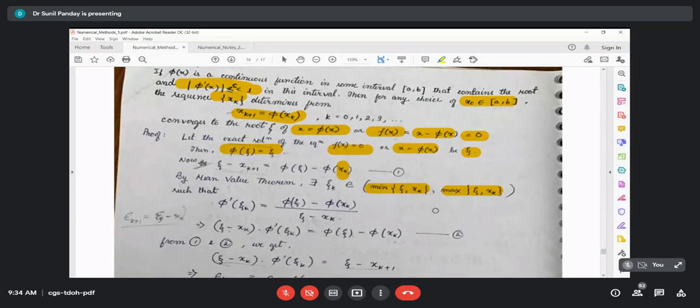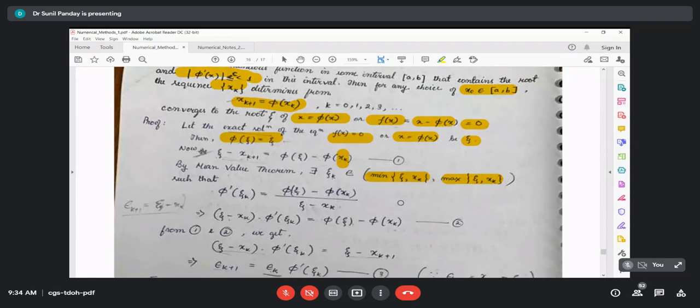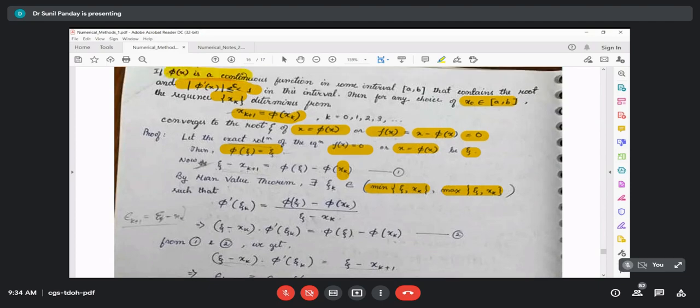So we have taken one interval, suppose xi comma xk, and we assume that phi is continuous in the interval and its derivative exists and is less than 1 in that interval.